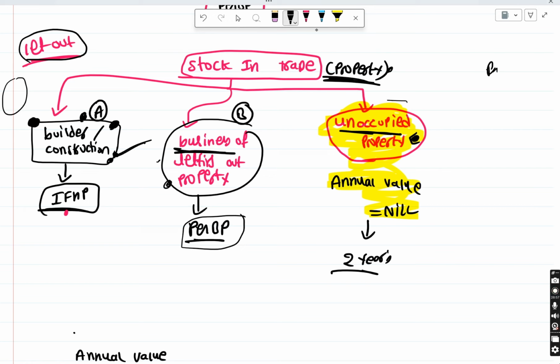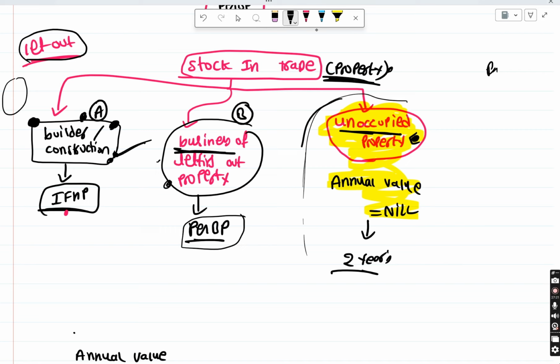And unoccupied property, if it is stock in trade, that means let's just say you are a builder or a constructor, you have constructed a building and then you did not sell it. So that is unoccupied. Building is a property and it is unoccupied by anybody. That means you are not getting any income from that property.